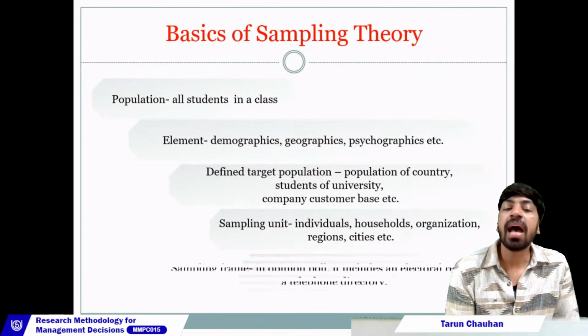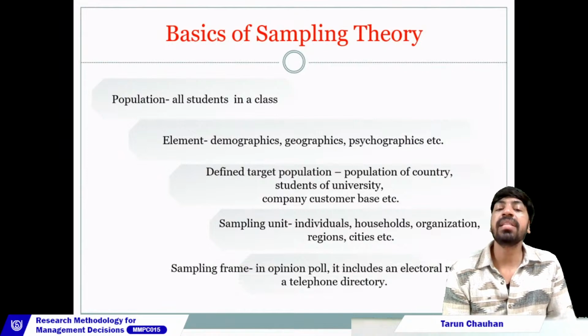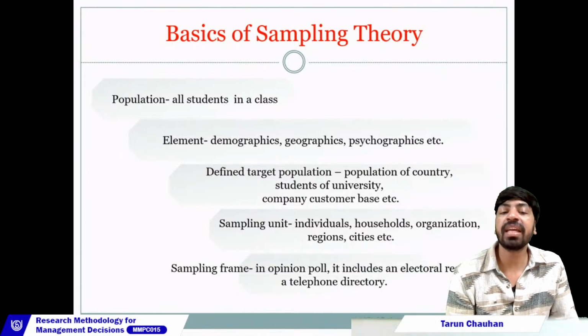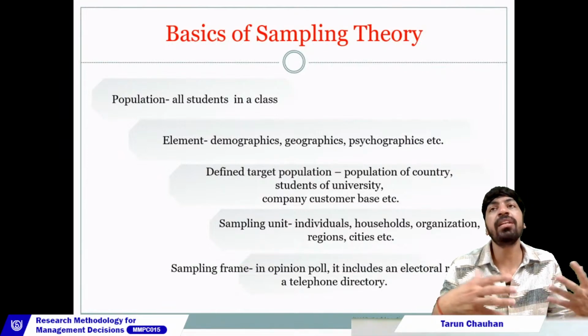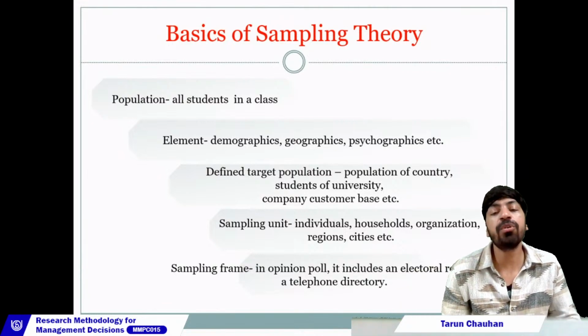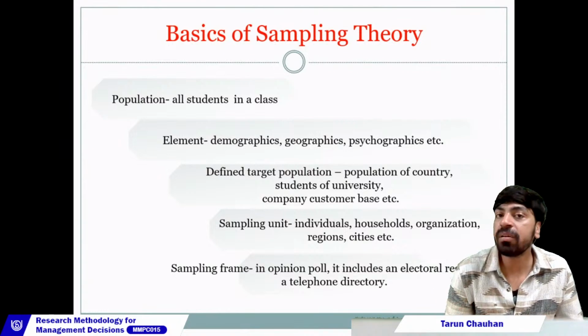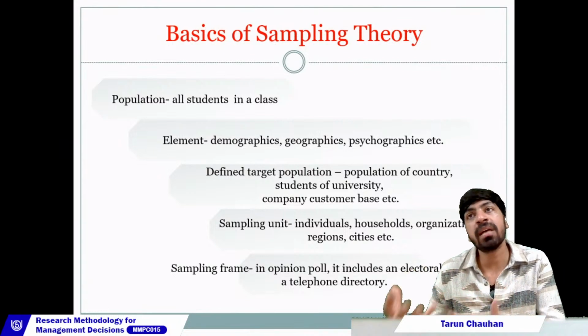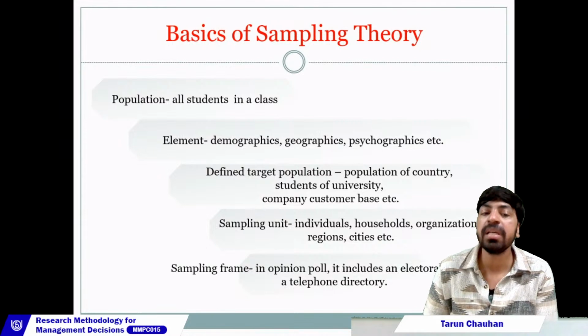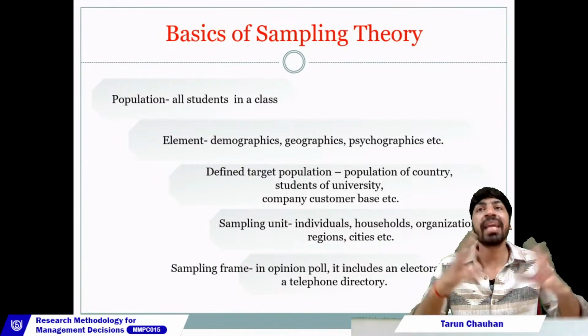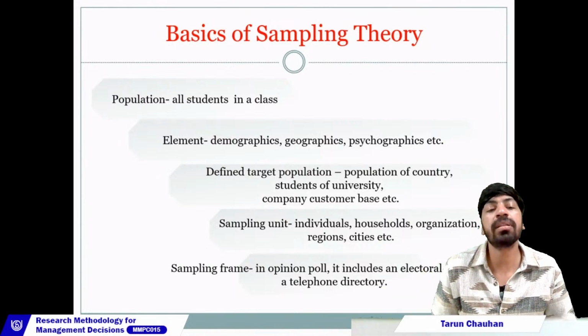Let's talk about the last basic concept, that is sampling frame. Sampling frame could be any object or any idea, and whatever sub-objects that particular object would include, and how you frame it in your study, that's called the sampling frame.